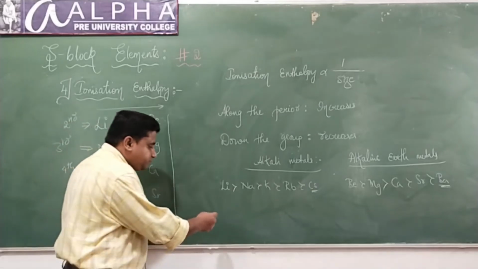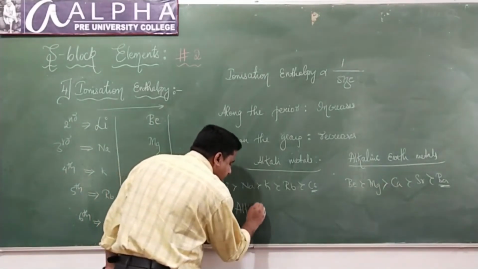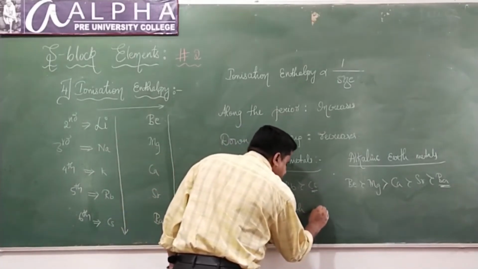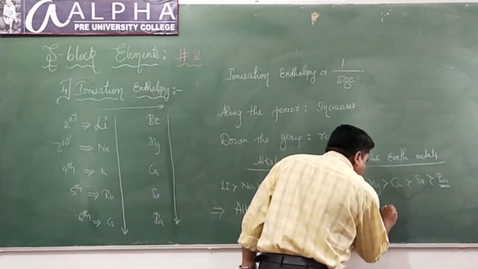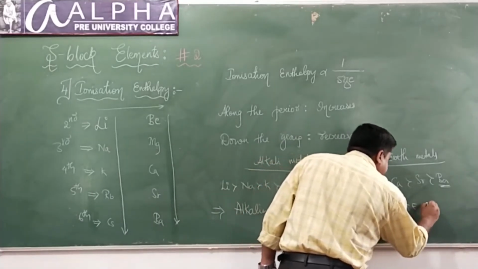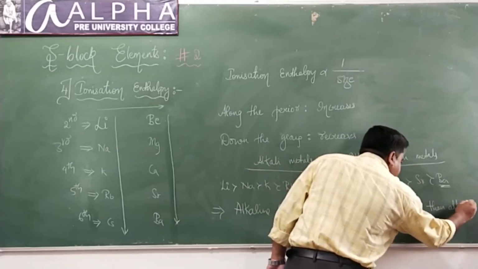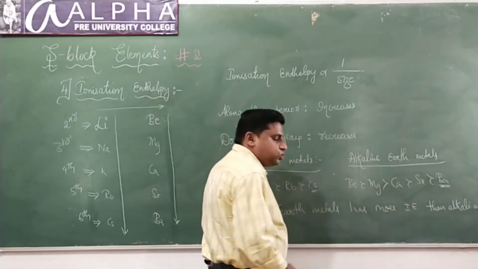Simple? Note this point: alkaline earth metals have more ionization enthalpy than alkali metals. Any doubts with this?